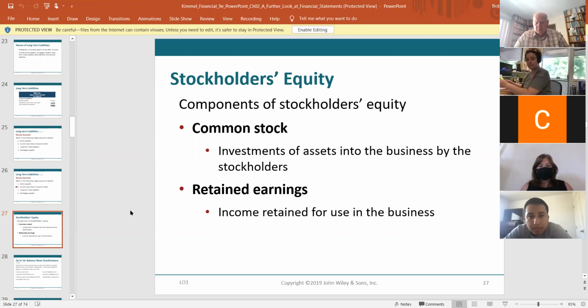At the end of the year, you earned a profit of $10,000. Now your equity has gone up by that profit and it goes into retained earnings. The next year, you earned a profit of 40. Now your retained earnings have gone up to 50. So that's why it's called retained earnings. You're retaining the earnings from the whole history of the company. The only thing that's going to reduce retained earnings would be if you gave out dividends.